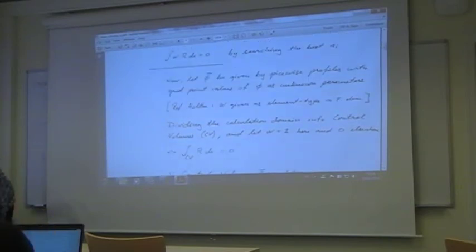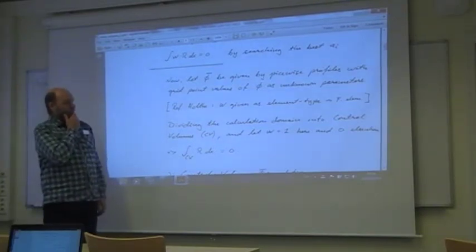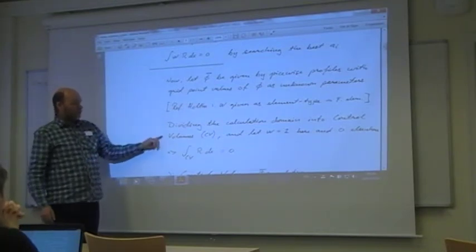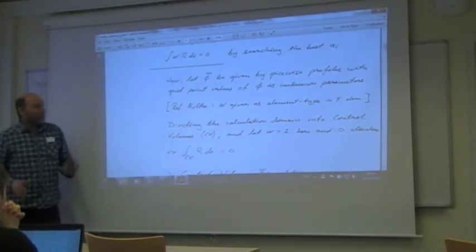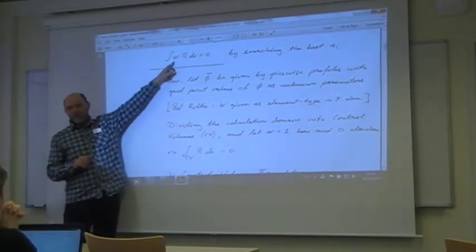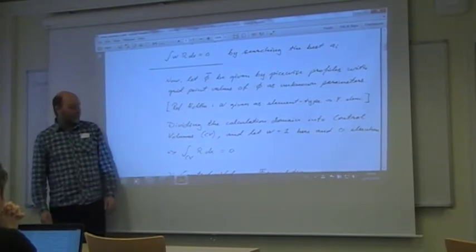And now, to make it easy, we say the volume we are integrating over, a control volume, we just say that our weight function will be 1 if you are inside. If you are outside, it is 0. So it's just a switch, inside, outside.